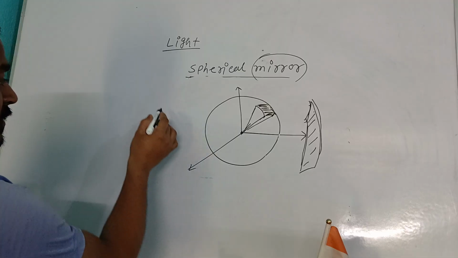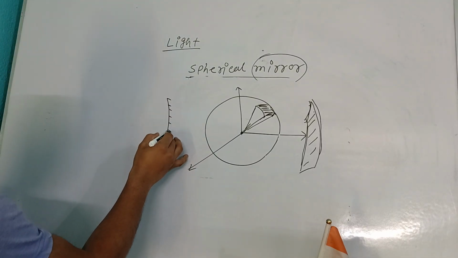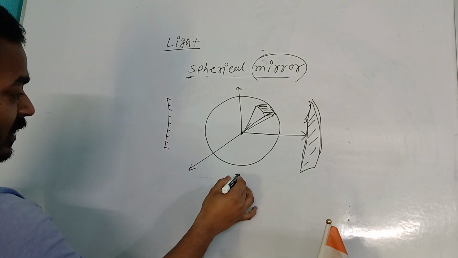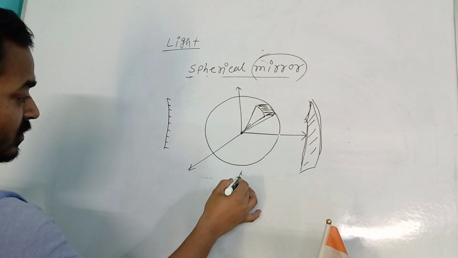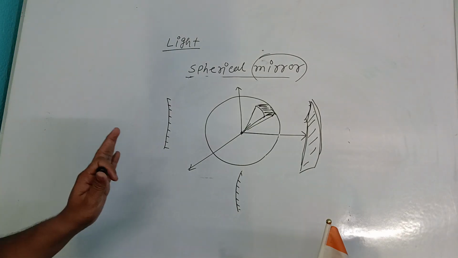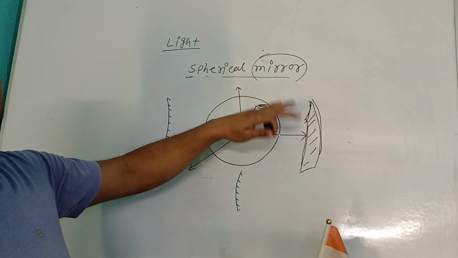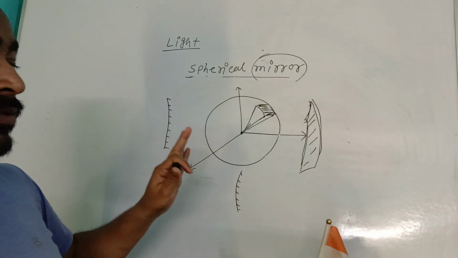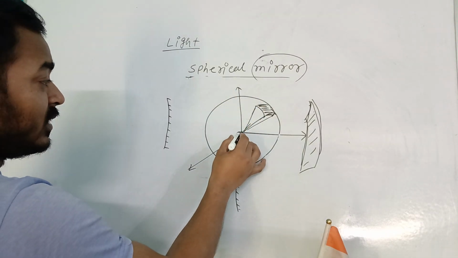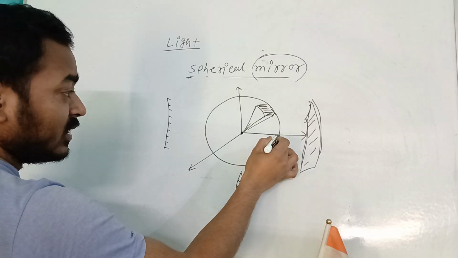Normally we show a concave mirror using this diagram, and we use this type of diagram to show the convex mirror. The moral of the story is that it is a part of a sphere. Since it is a sphere, what is the name of the distance from the center to the surface?